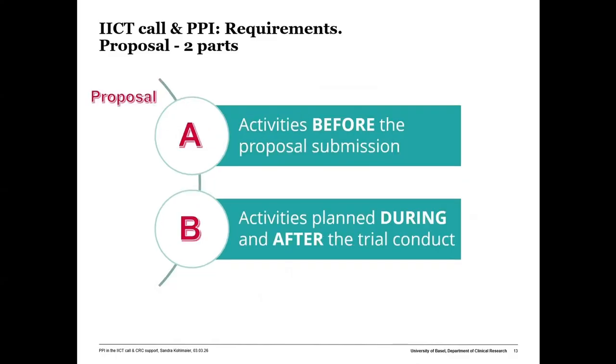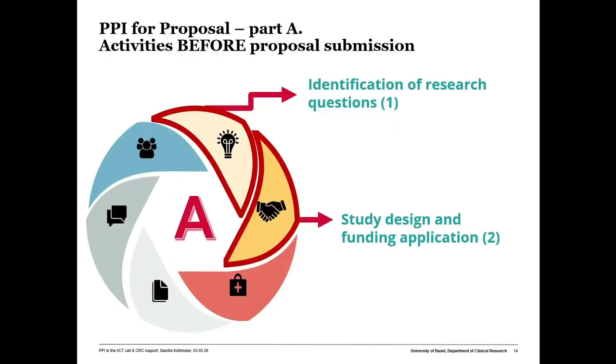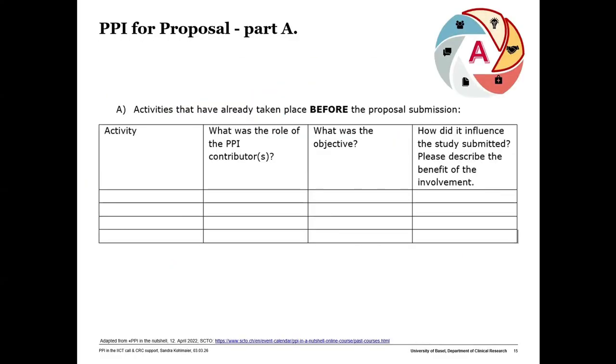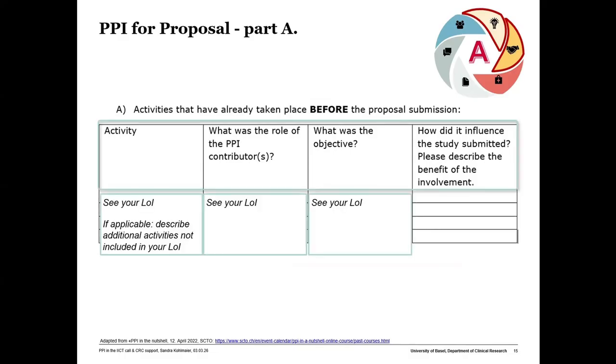So in the proposal, you have two requirements. So in the proposal, you have to fill in this A and B part. And it looks, okay, in the A part, you first have to give in what you have done before. So in the preparatory phase of your project and for the preparatory grant, you fill in the activities.